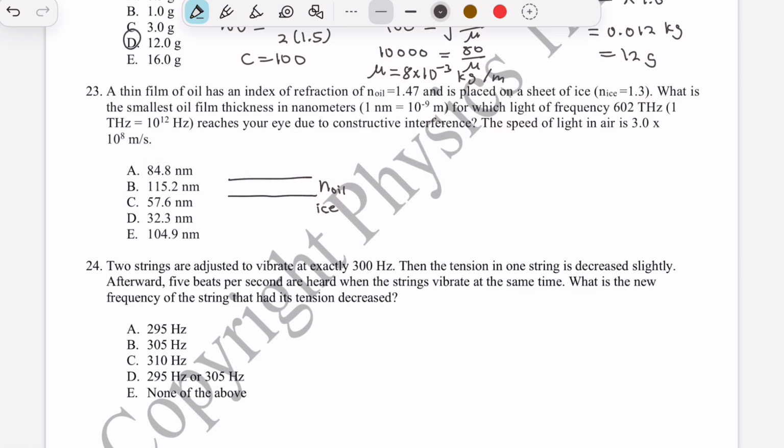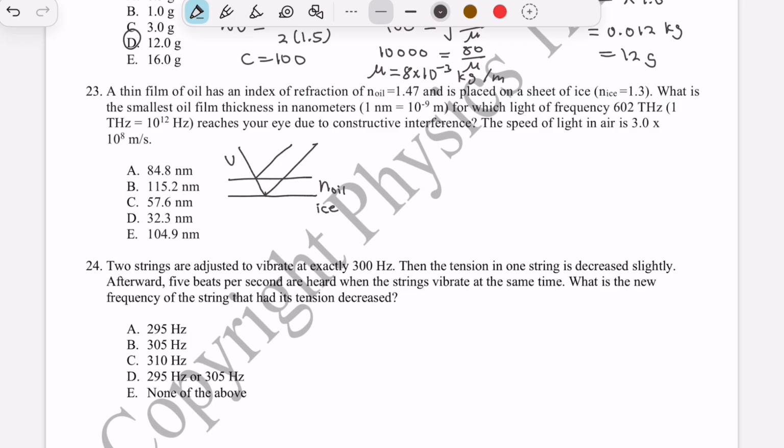So we're shining light with a frequency onto it, and it's always going to look like this. Some of it is reflected first, and then some reaches the bottom and is reflected again. Let's just say it's at a trough here. It doesn't really matter where you start.